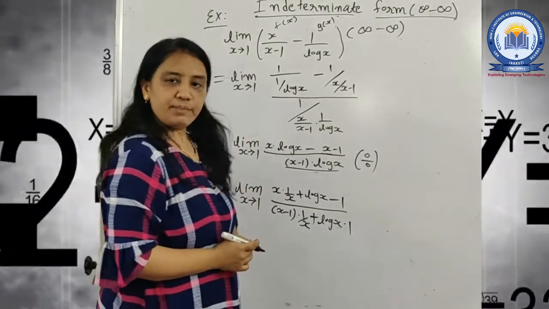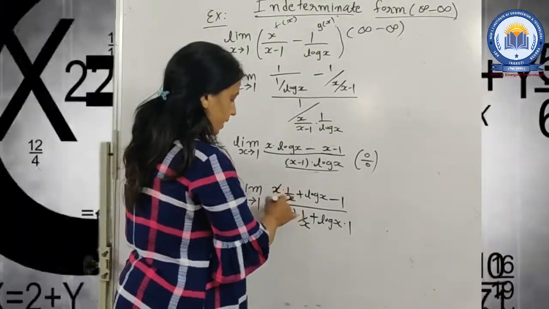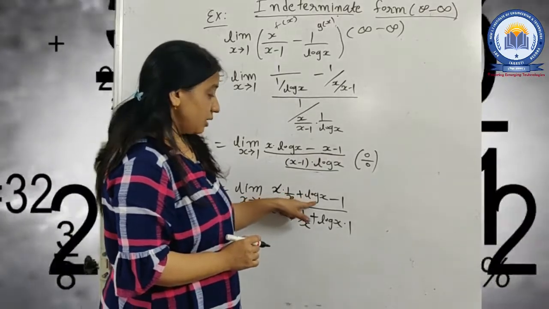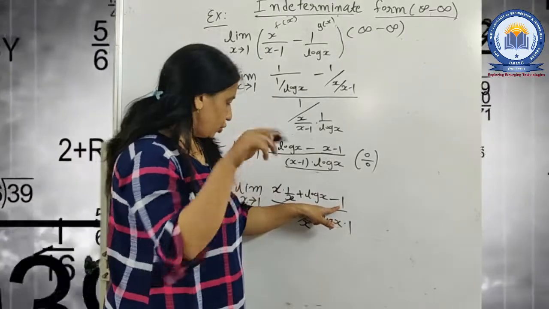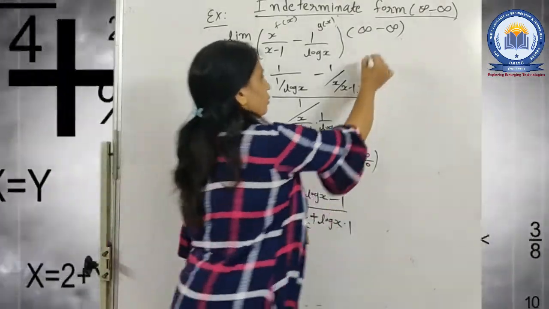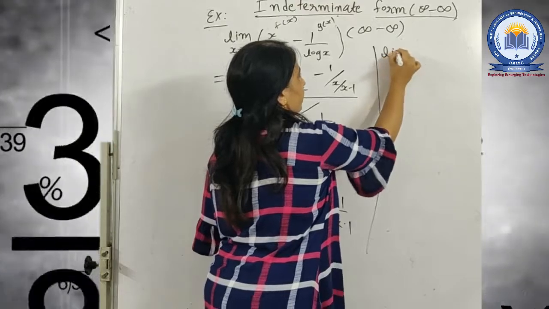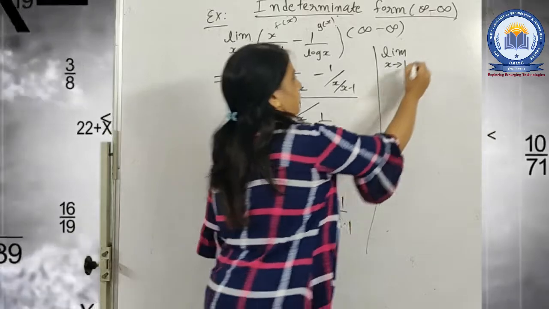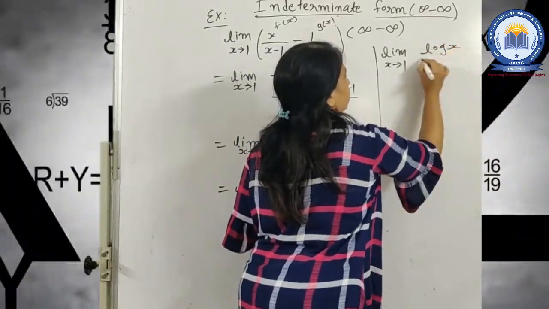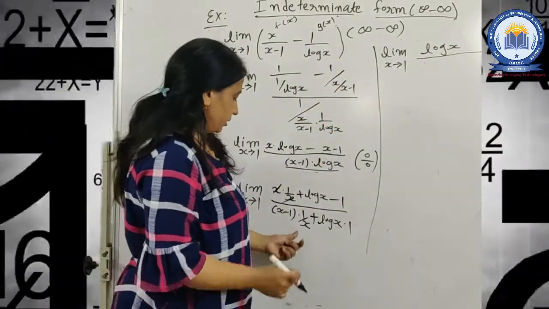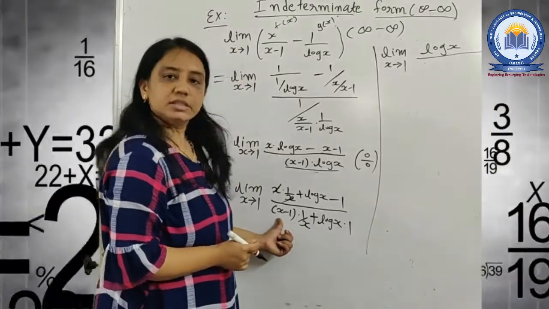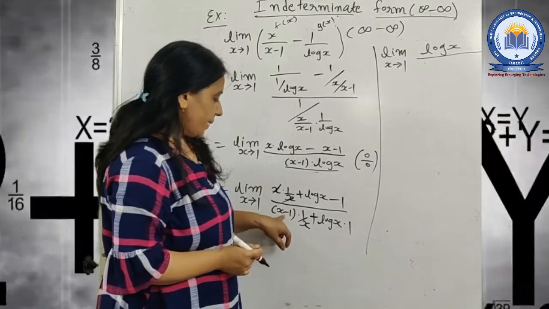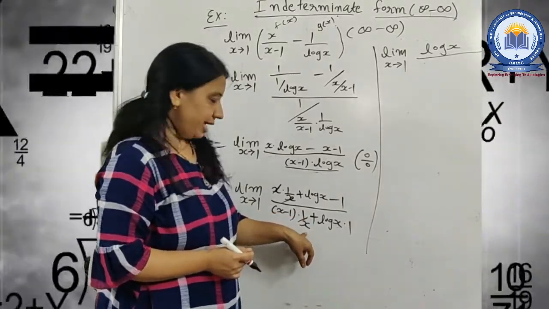Again we'll try to simplify it. This x can be cancelled out, so it will become 1 plus log x minus 1, so it will become log x. So here limit x tends to 1 of log x upon, this also can be multiplied, so x into 1 by x minus 1 upon x.